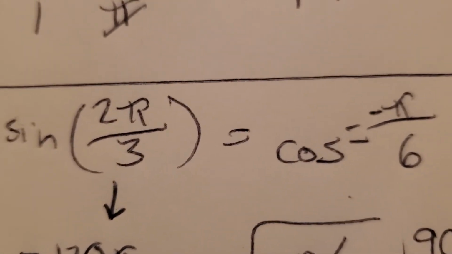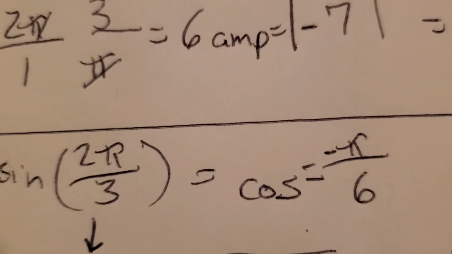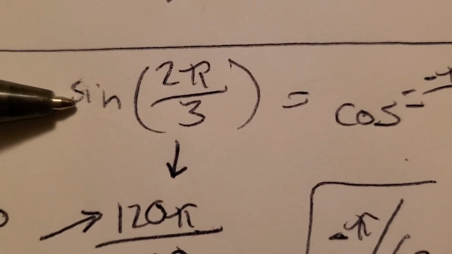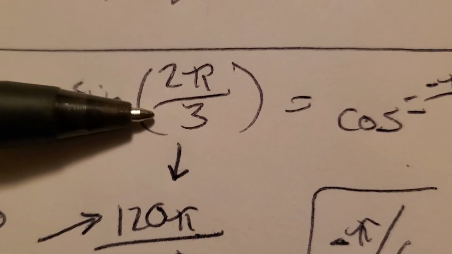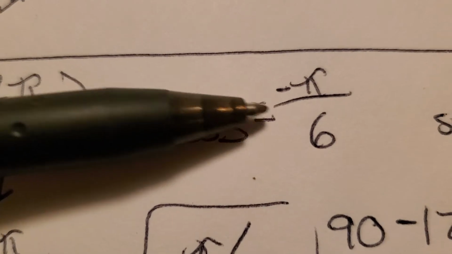The third question that I decided to answer was from the quiz as well, and it was figure out which equation equals sine 2 pi over 3, and the answer to this was cosine of -pi over 6.